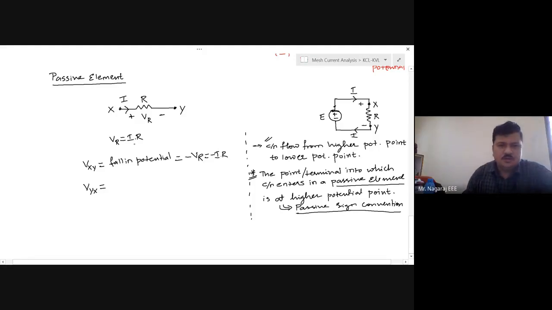Now Vyx is tracing the element R from Y to X, and in the direction of this trace, I observe Y is at lower potential and X is at higher potential. Now I am traveling from lower potential to higher potential. Therefore, there is a rise in potential.